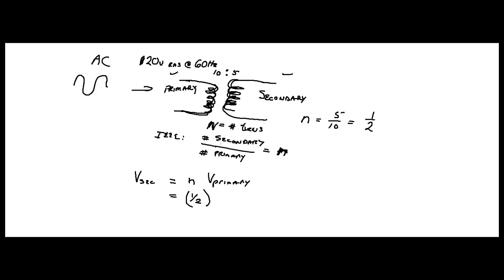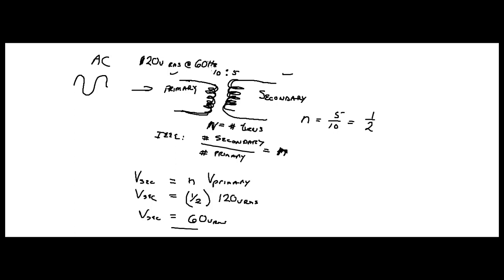Your primary voltage in this case was equal to 120, wasn't it? So in this case, it's going to be equal to 60 volts RMS, and this is V secondary. Got it?